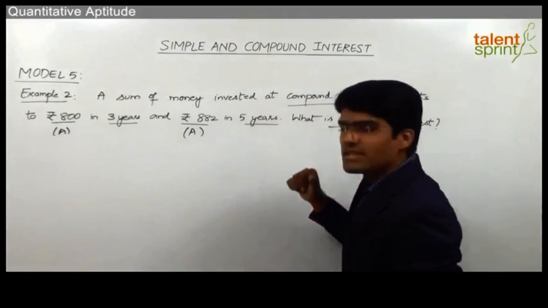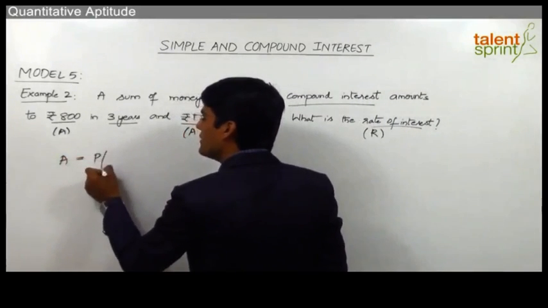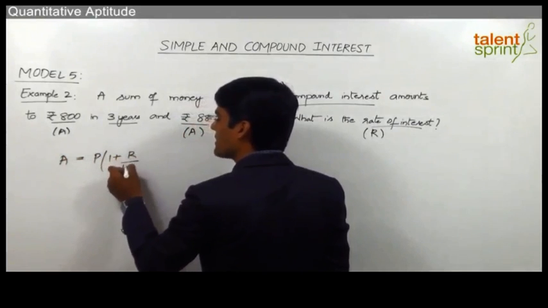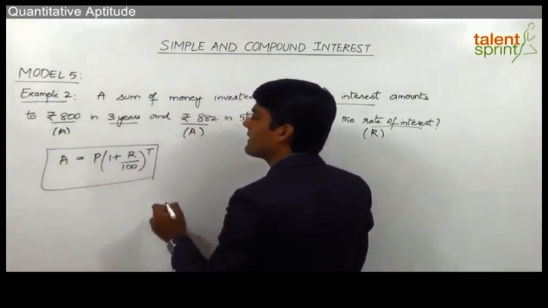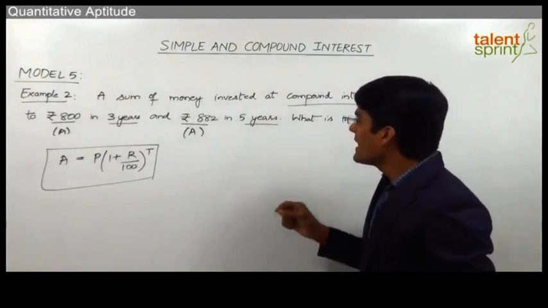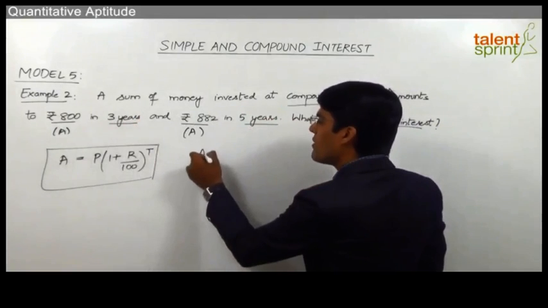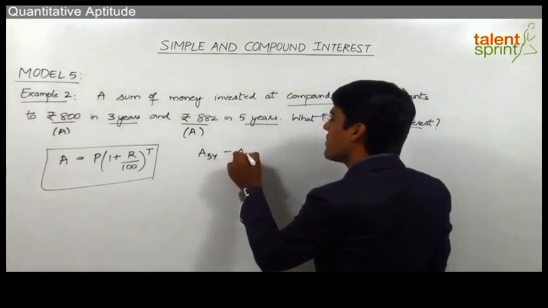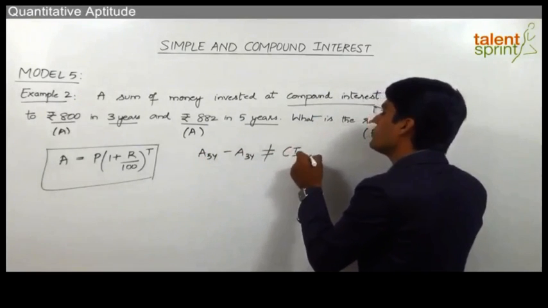Now, as this is a case of compound interest, we know that amount is calculated as P into 1 plus R by 100 whole raised to the power of T. And understand that amount for 5 years minus amount for 3 years cannot be taken as compound interest for 2 years.